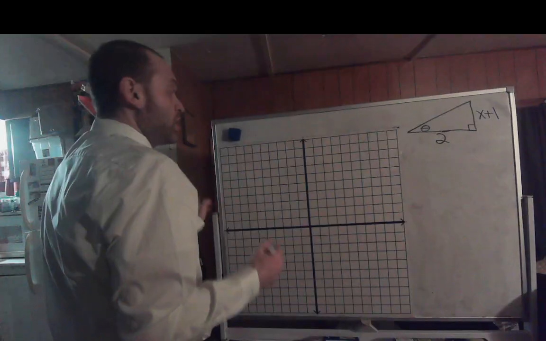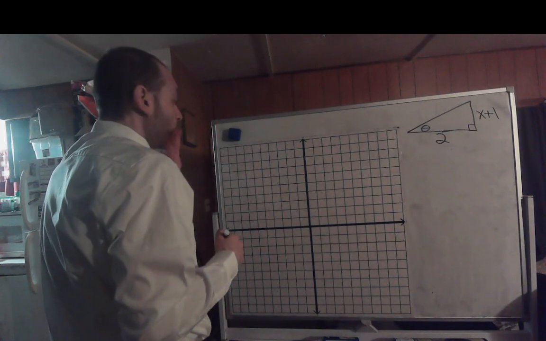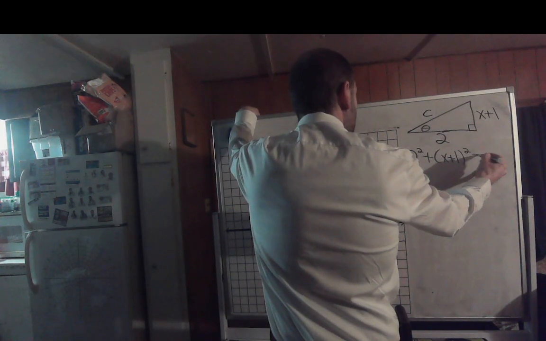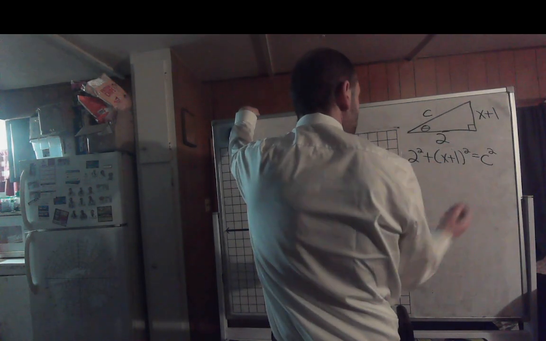Oh yeah, good one. So we have 2, then we have x plus 1. Alright, so we want to find the third side, we'll call that c. So this is saying 2 squared plus x plus 1 squared equals c squared.